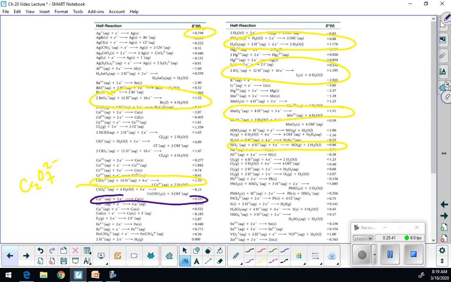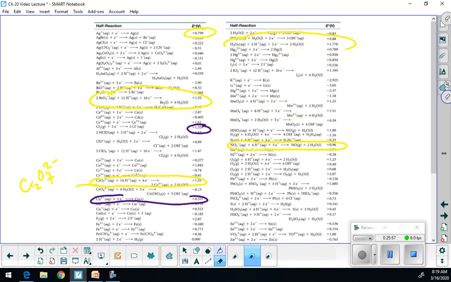Chloride, where is my chloride? Right here. It is a 1.359. What is it for my iodine? I have to clean up some stuff here because I can't see. Iodine is right here, right? 0.536.